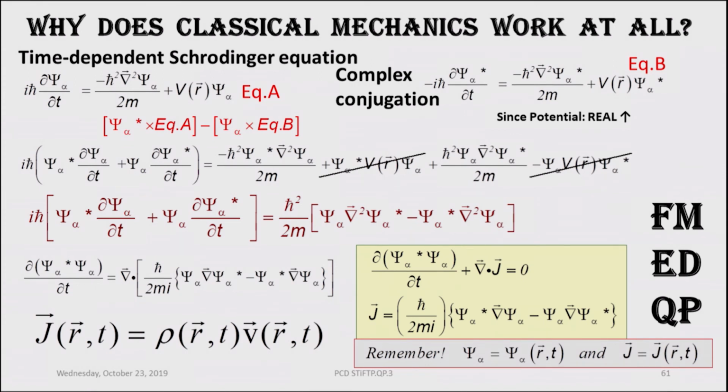Classical seems to work in many situations, it certainly works in our everyday life. It works in many situations, and here we get a result in quantum mechanics which does not seem to be any different from what we have seen in classical mechanics, and we have seen this in fluid mechanics and electrodynamics, and now we see it in quantum physics, and it is a very genuine quantum result.